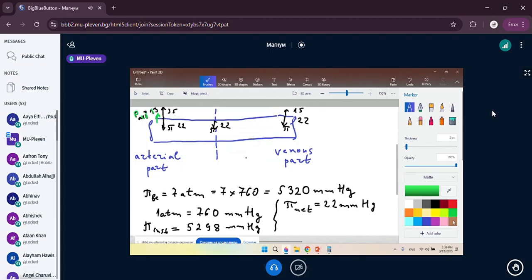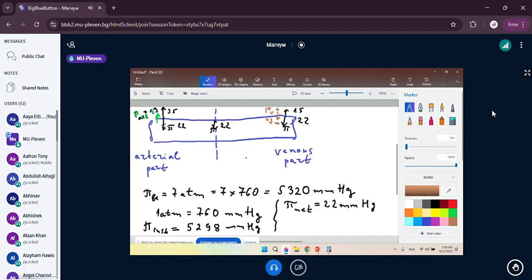What about the situation in the venous part? So we've got net pressure P venous, which is what, 7 millimeters. So let me not write the unit, 7 millimeters. So thus we've got 7 millimeters inwardly directed, 13 millimeters outwardly directed.